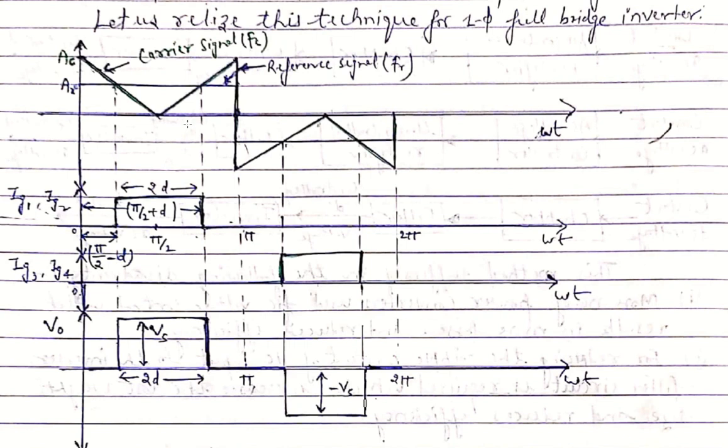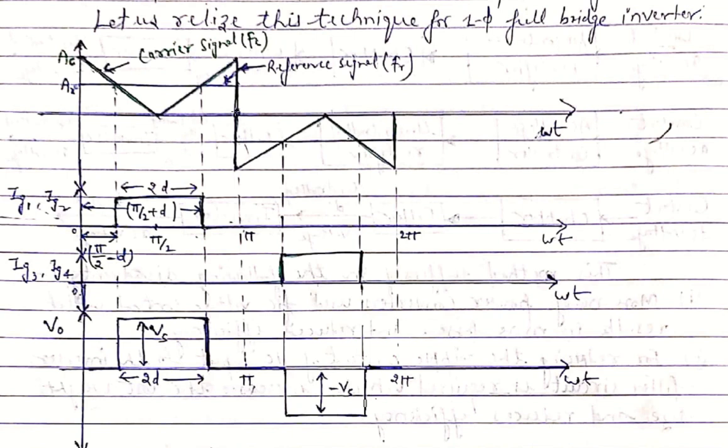So we will draw this carrier wave, which is triangular, and this reference wave, which is rectangular, as shown in the figure. And what is the topology behind this? We will pass this carrier signal, having a frequency in the kilohertz range, to a comparator, and the comparator compares the carrier wave with the reference wave and generates pulses for the thyristor switches.